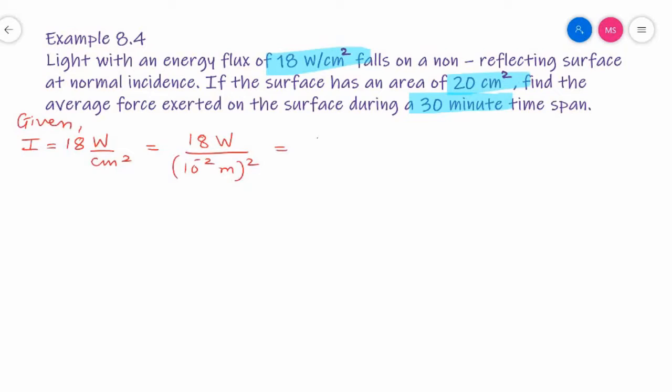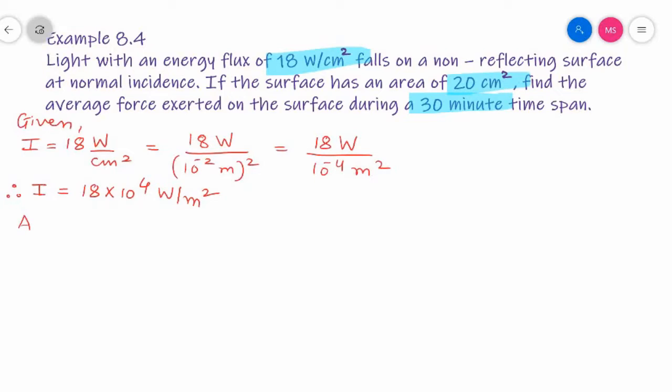So that will be equal to 18 watt over 10 to the power minus 4 meter square, or therefore we can say that intensity I is equal to 18 into 10 to the power 4 watt per meter square.